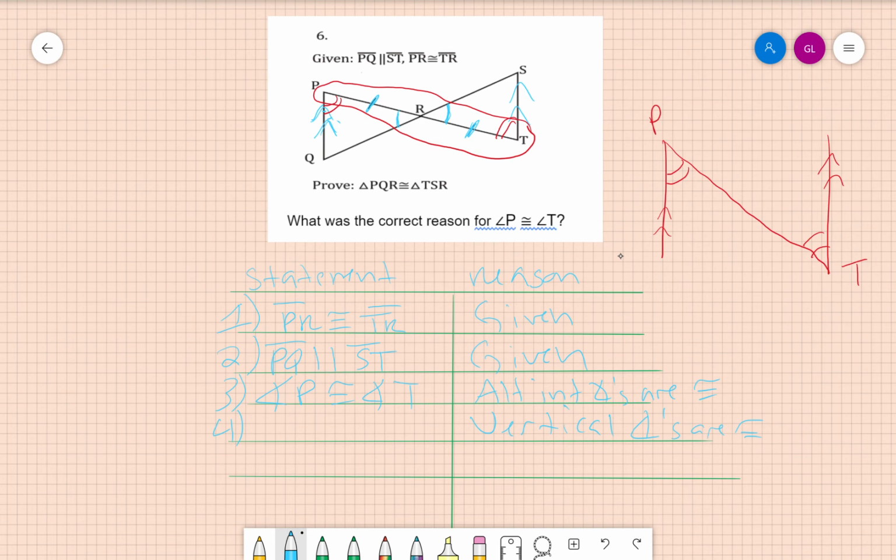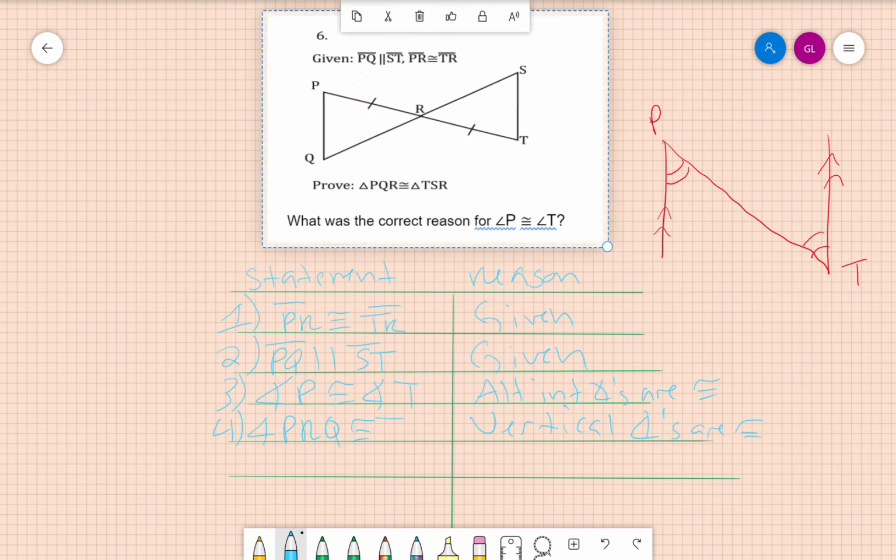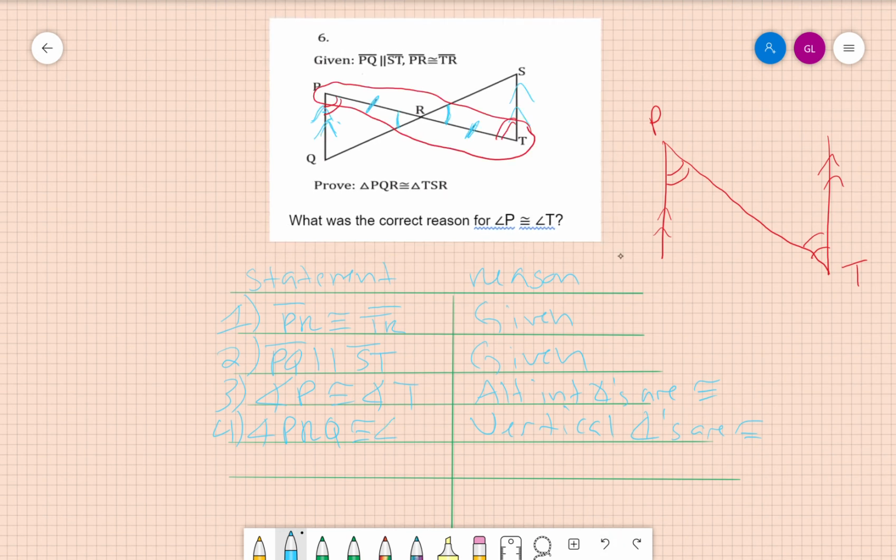So I'm going to start with P: angle PRQ is congruent to angle TRS. On the other side, I'm going to start with the angle T, the one that's also in red, TRS. You want to follow the same order. Those are vertical angles, and vertical angles are congruent.